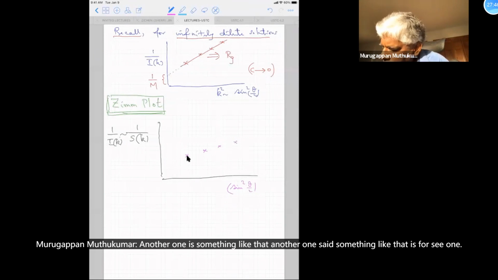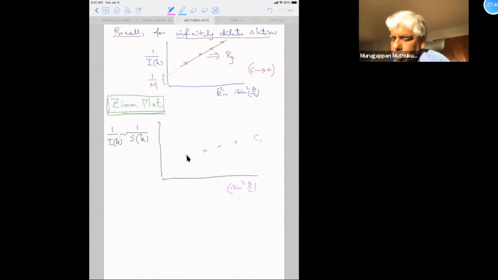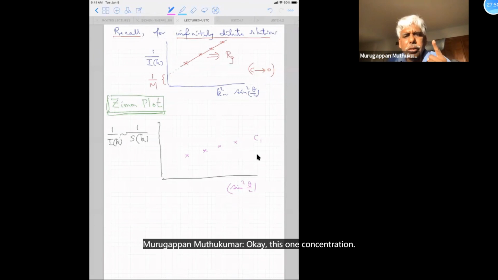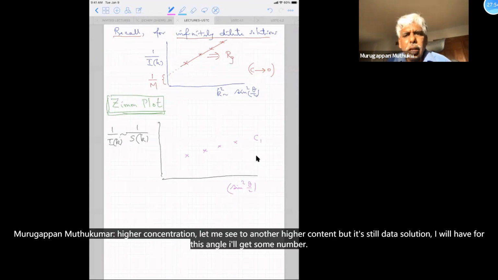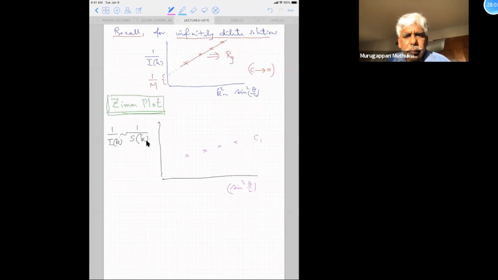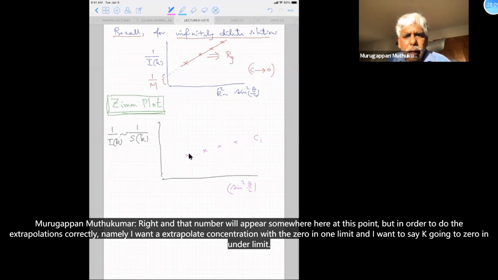This is for C1, at one concentration. At a higher concentration, let me call it C2, still a dilute solution, for this angle I'll get some number, and that number will appear somewhere here at this point.